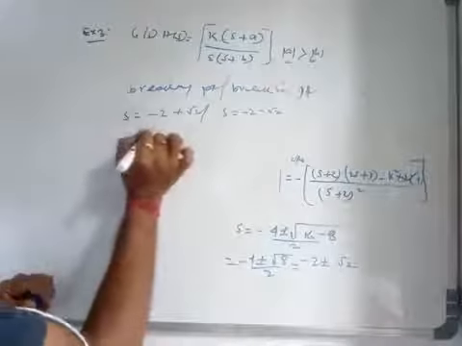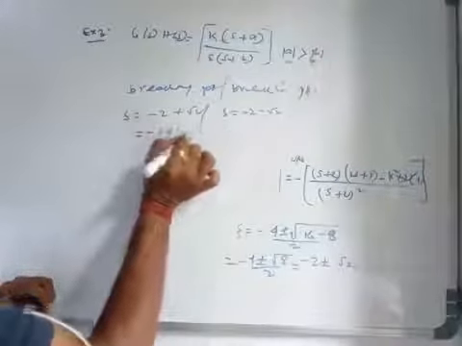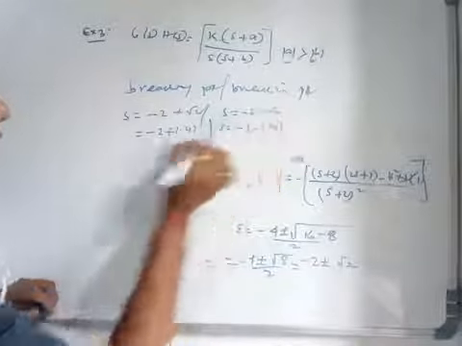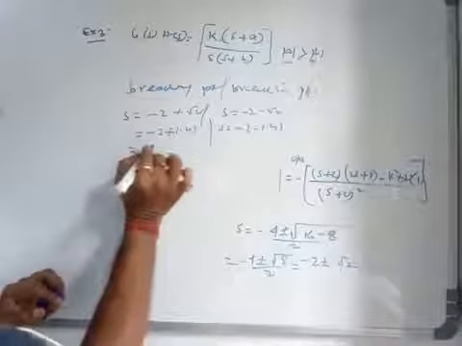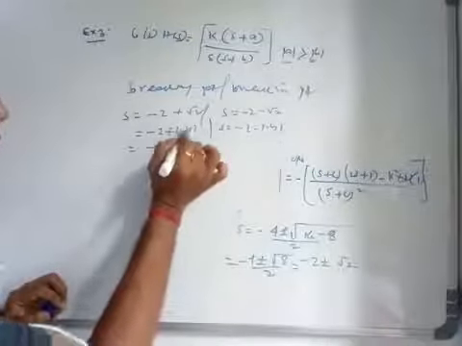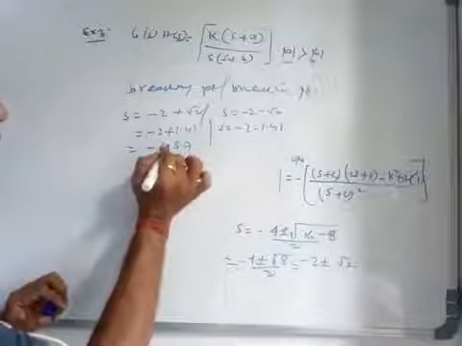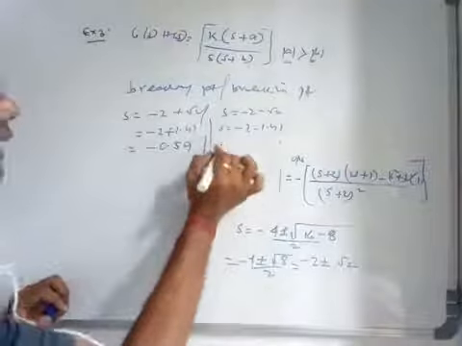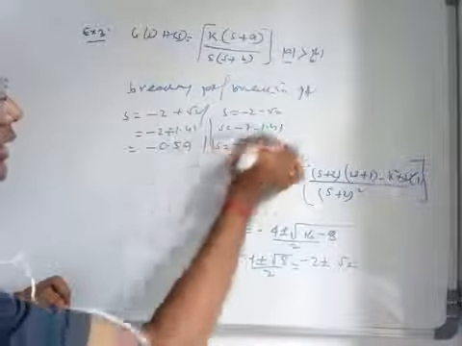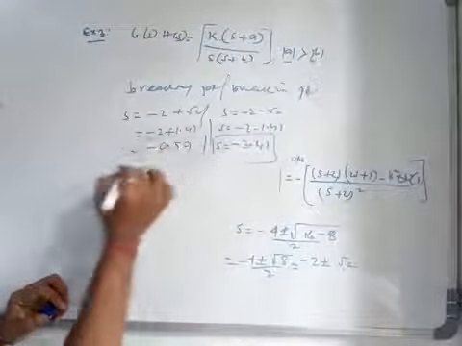That means minus 2 plus 1.41 and minus 2 minus 1.41, so near about minus 0.59 or s is equal to minus 3.41. Okay, we are getting two values.